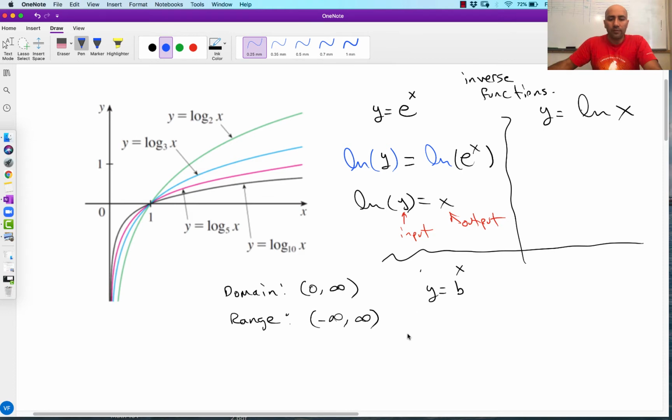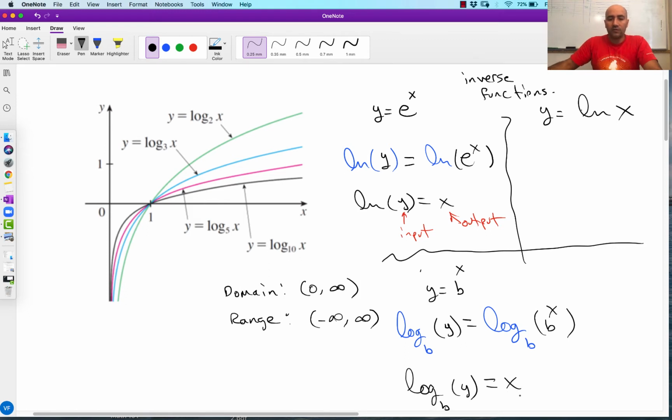Similar to above, on the left-hand side we get log base b of y, and on the right-hand side, log base b of b to the x. On the right-hand side, these two collapse to just become x.